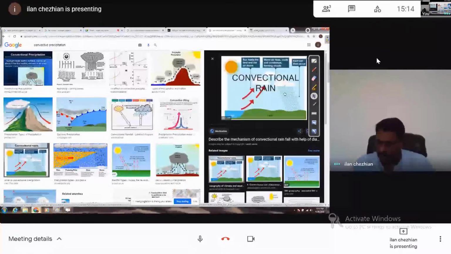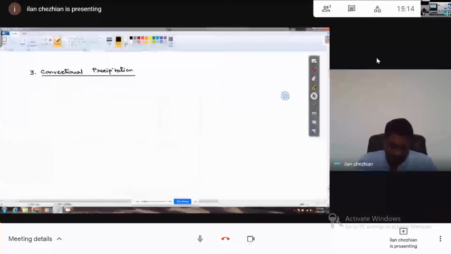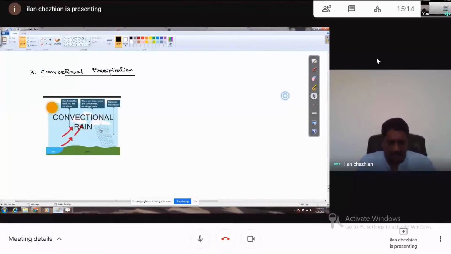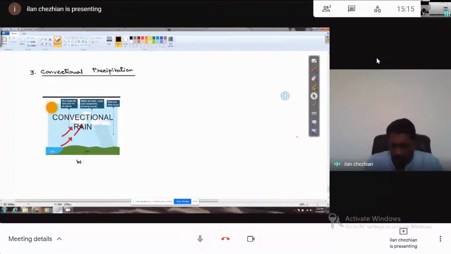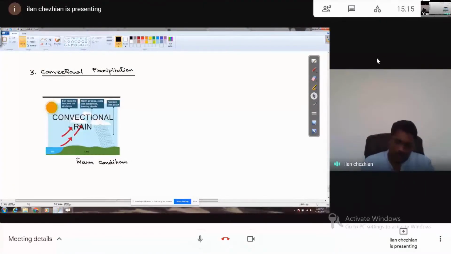So wherever the heat or the temperature is very high, warm conditions result in convectional rain, or convectional precipitation.